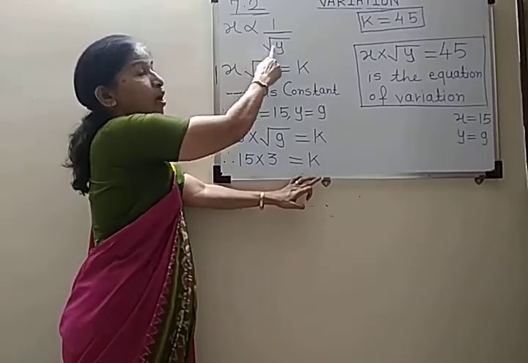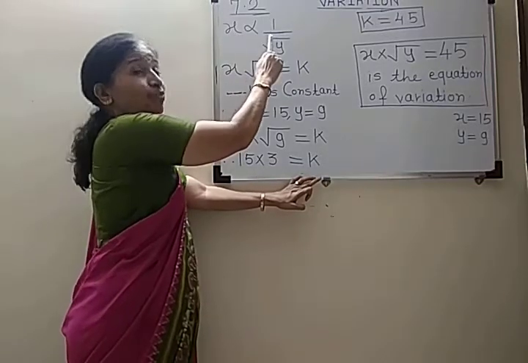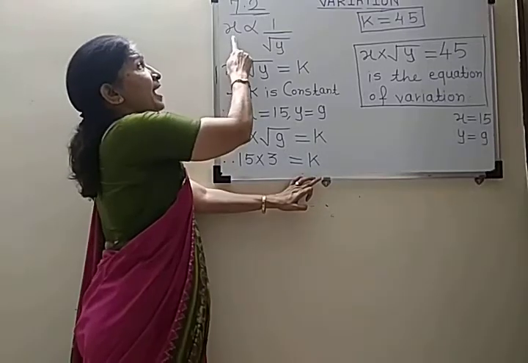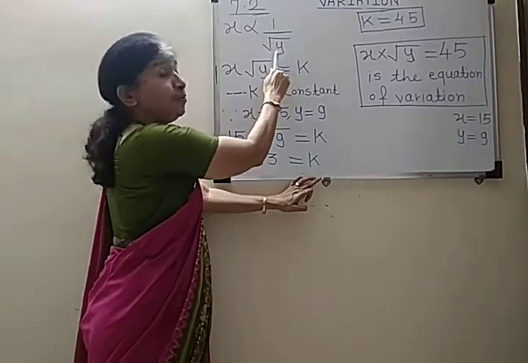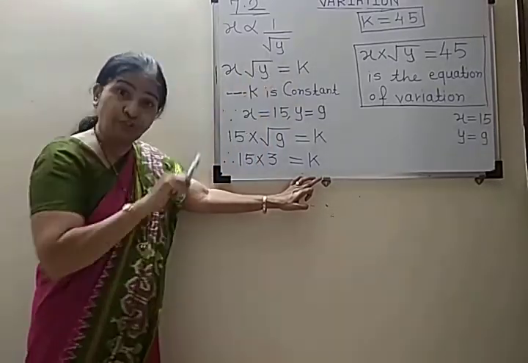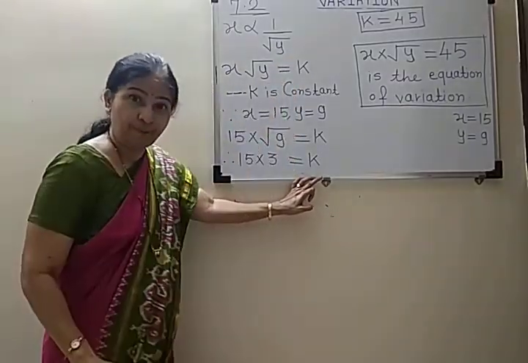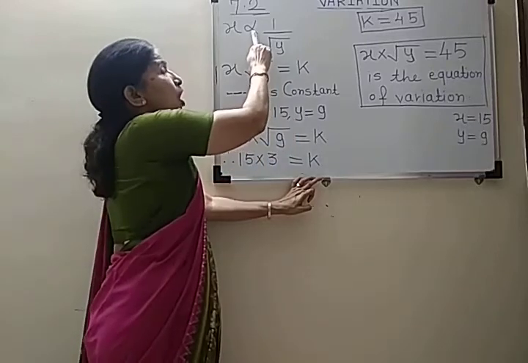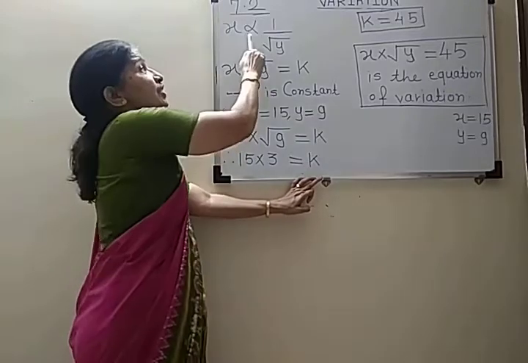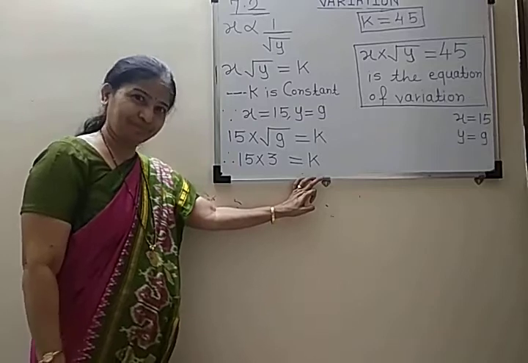I have shown that x is inversely proportional, or x inversely varies with root y or square root y. For the second step, I will do this sign of variation, which is called alpha in Greek language.